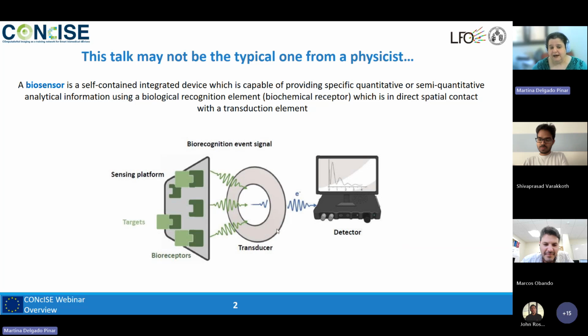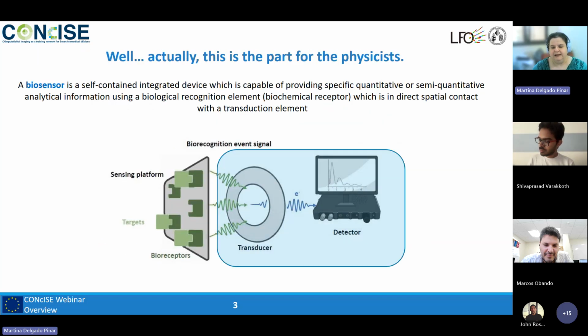But there are other parts, such as the transducer and the detector, how we read out the output of our transducer and how we quantify these variations and convert the changes happening in the sensing platform into an output that we can measure, for example, in a voltage. That part is where we can do some work. So we are playing a role in the design and fabrication of biosensors.